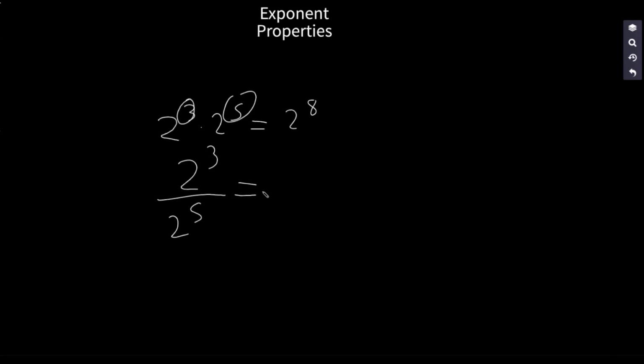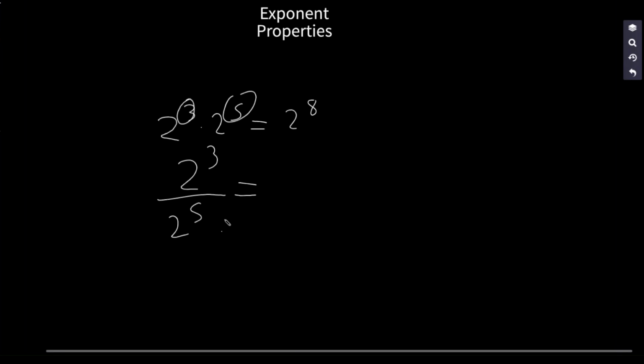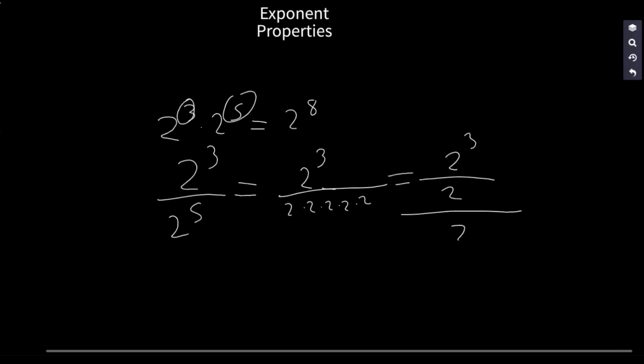Well, there are actually 2 ways we can explain this, and I'm just going to do what I think is the more intuitive way, which is to do what we mentioned previously. If we have 2 to the 3rd and we're dividing by 2 to the 5th, well, what this really means is that this is 2 to the 3rd divided by 2, divided by 2, divided by 2, 5 times.